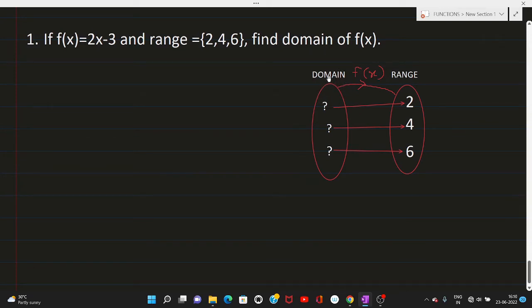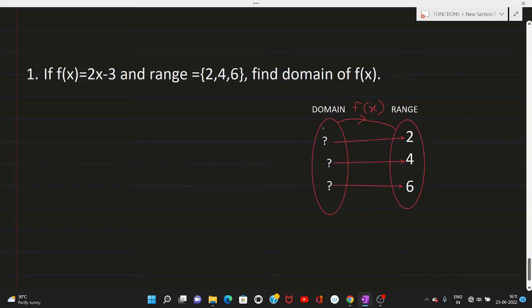So we know domain means all the elements which are present in first set, and we have learned that domain is represented by x and range is represented by y. That is, here we write x which represents all the elements present over here in the first set, and here we write y which represents all the elements present in this set.